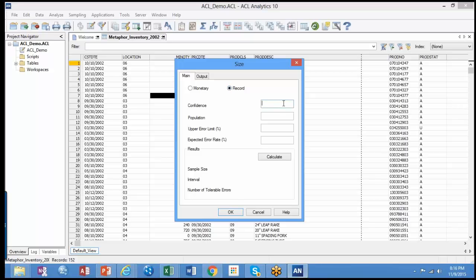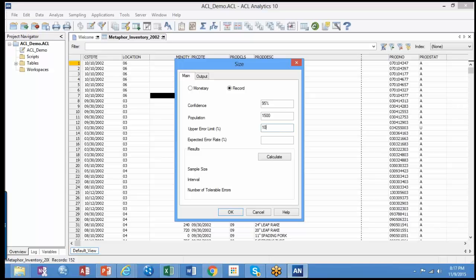In this record, again, we generally expect to see a 95% confidence level. This is very typical for auditors. Let's say our total population is 1,500. We'll change this a little bit. So we have the upper level and the expected error rate. The upper level essentially is the tolerable difference.